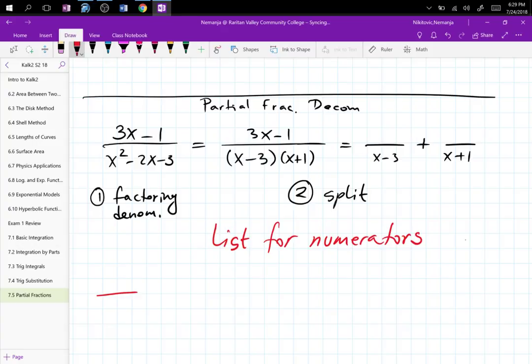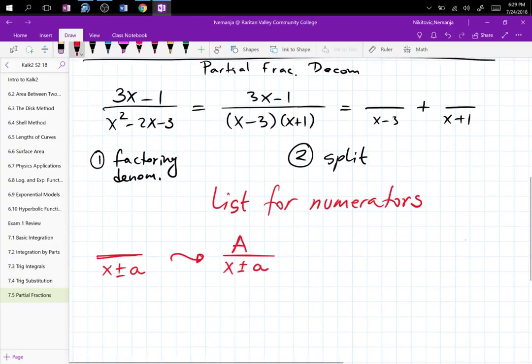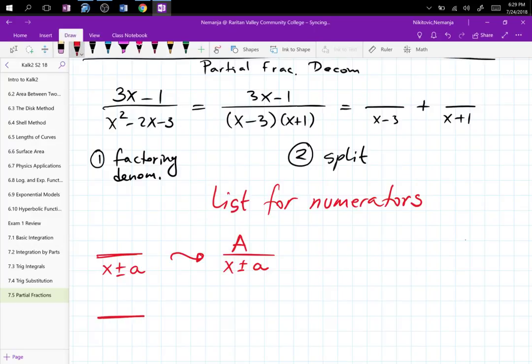If your denominator is x plus or minus a value a, then you will put a constant on top. If your denominator is x plus or minus a, squared, then you will have A over x plus or minus a squared plus B over x plus or minus a.